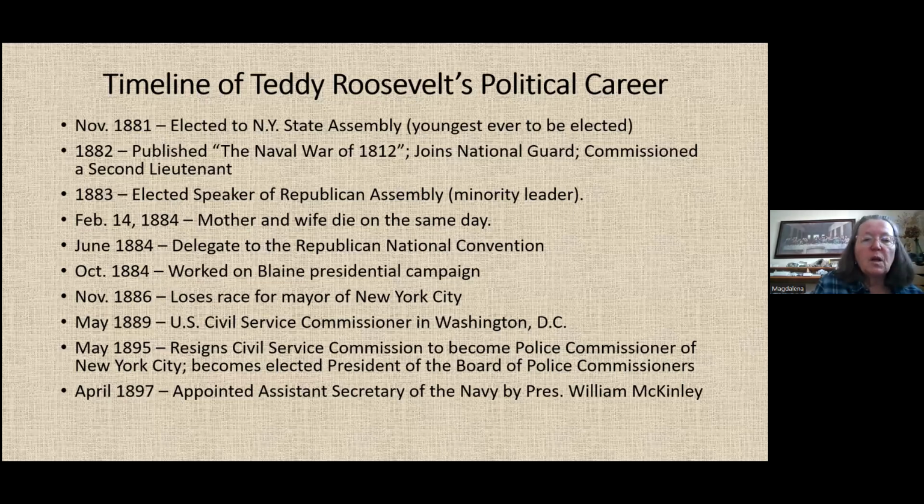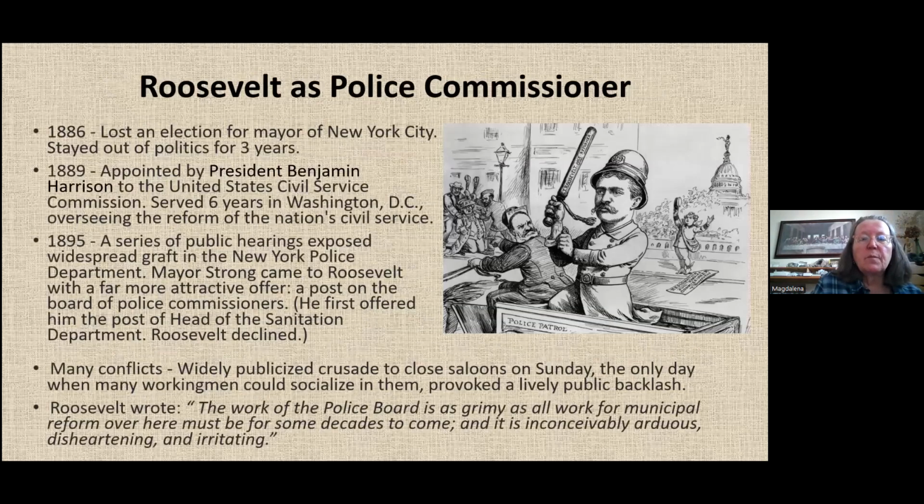So when Roosevelt was police commissioner, he had just lost an election for mayor of New York City and stayed out of politics for 3 years, writing books and so on.